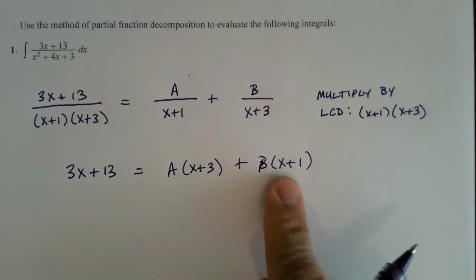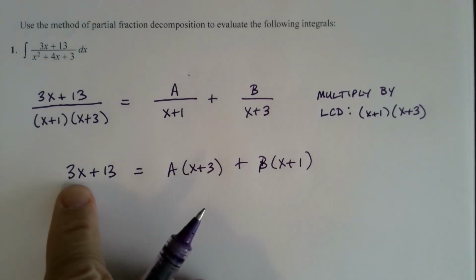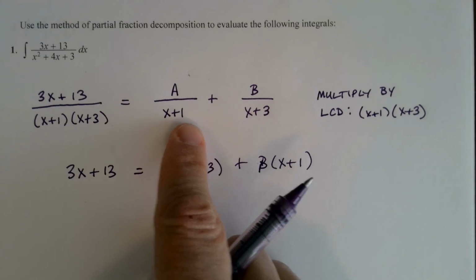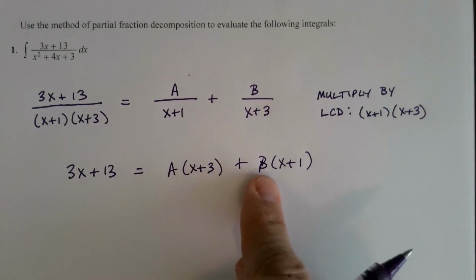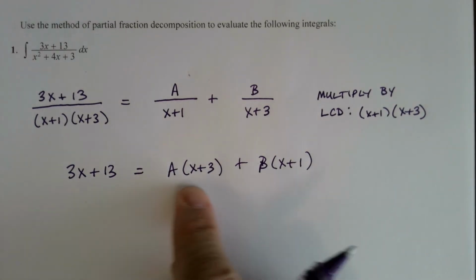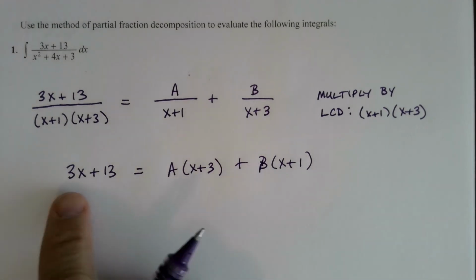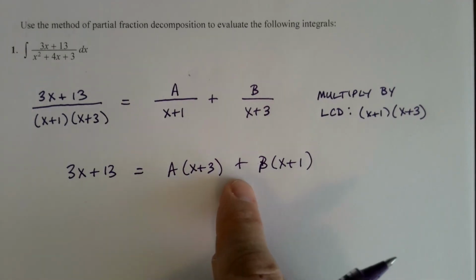this equation has to be true for all values of x. Okay. Now, obviously, we know from the first equation, x can obviously not be what? -1 and -3 in this equation. But it can be down here. Okay. And the thing is, this equation is going to be true for all real numbers. And so a and b have to satisfy this equation for all real numbers, including -1 and -3.